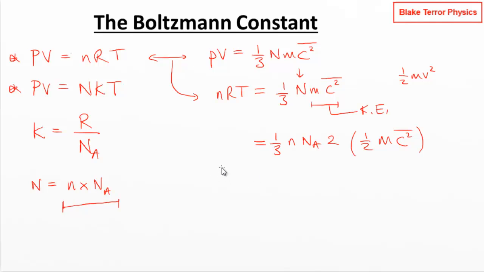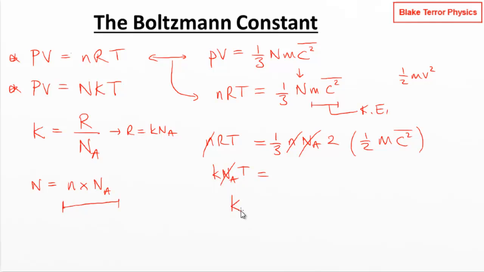Right, now we can cancel the n's because we've got an n on both sides. We also know that R is k times Avogadro's constant. So we can replace that R, make that k N_A times T, and then we can cancel the N_A's.